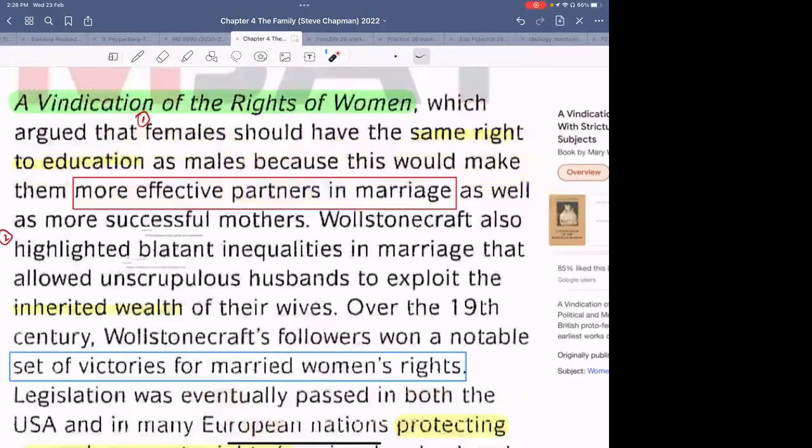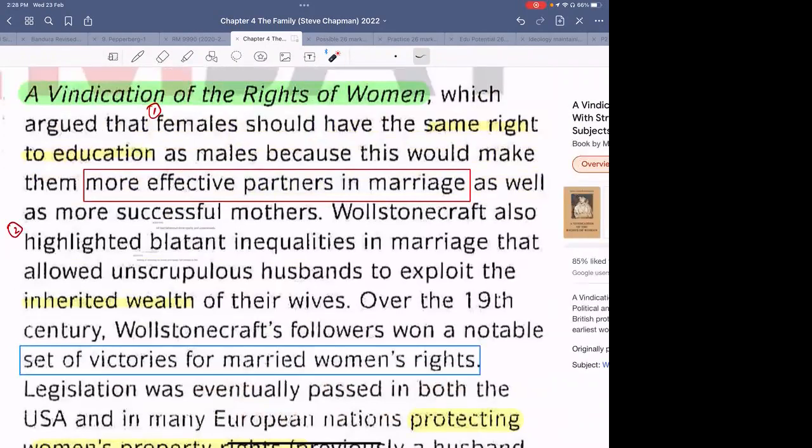When we talk about females having the right to education, we're referring to it so that they could be more effective partners in a marriage. Clear here? The first point, females having the same education so that they could be more effective partners, successful mothers. Wollstonecraft also highlighted blatant inequalities in marriage that allowed unscrupulous husbands to exploit the inherited wealth of their wives.